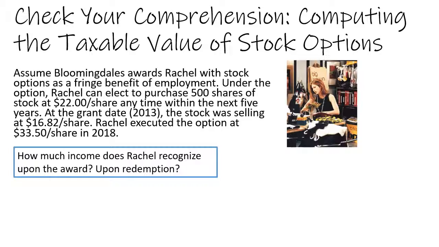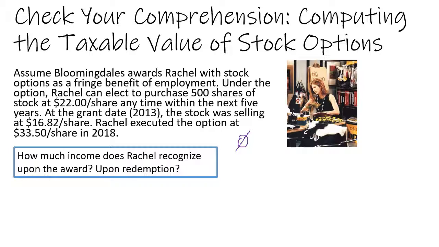How much income would Rachel recognize upon the stock award? At the time of the stock award, Rachel would recognize zero income because at the time, she hasn't exercised the option. It's valueless to her right now because the selling price of the stock is less than her option amount.